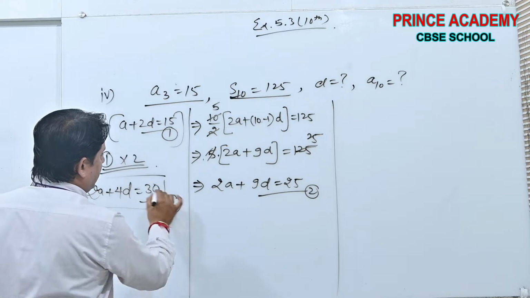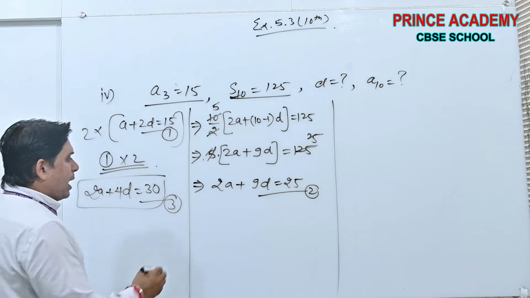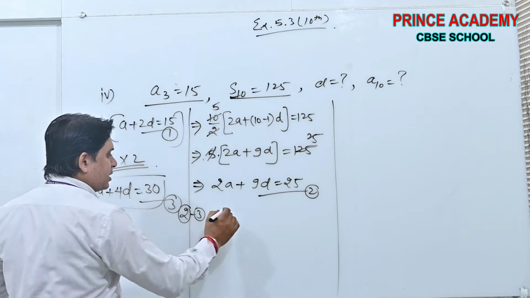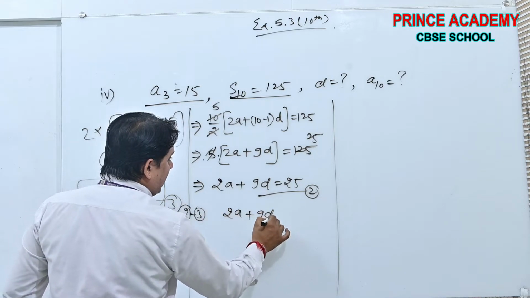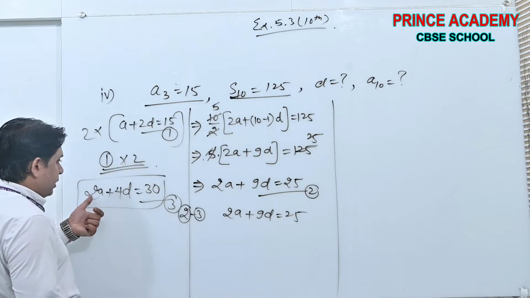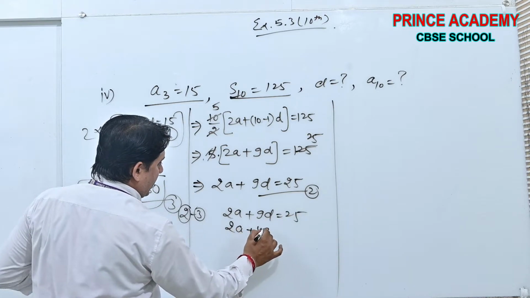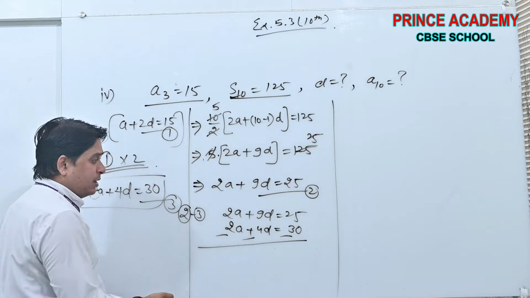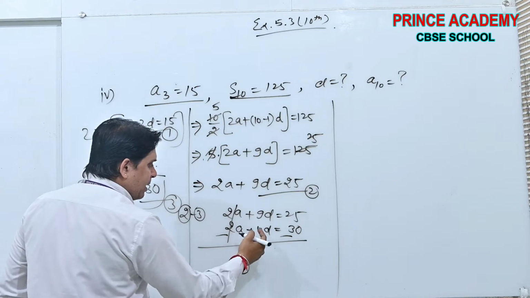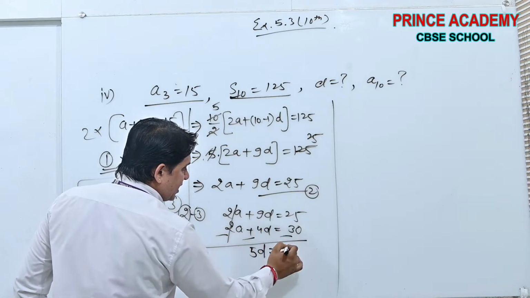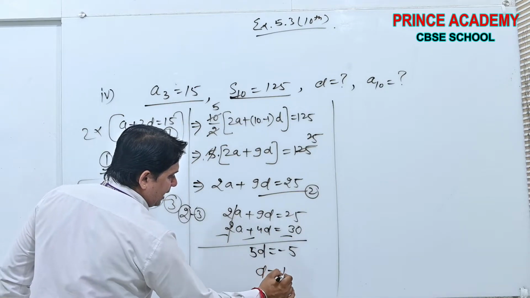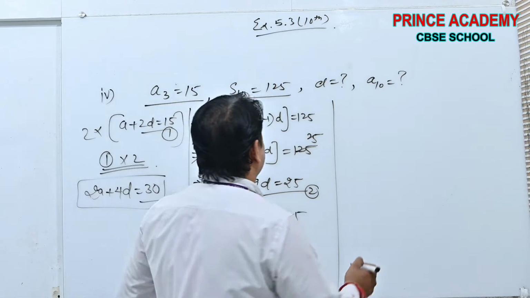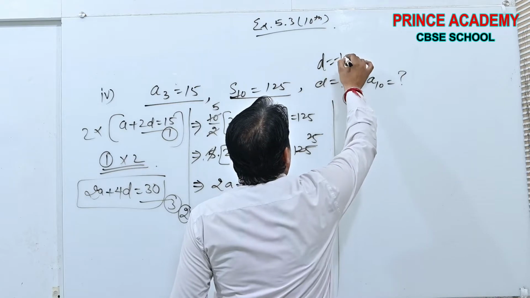Now I am applying the operation equation 2 minus 3. 2 is this, 3 is this. 2A plus 9D is equal to 25. This is 2A plus 4D is equal to 30. When you subtract, signs are changed. It will be cancelled. 9 minus 4 is 5. And this is minus 5. From here you will get D is minus 1. You will get the value of D as minus 1. D is minus 1, answer.